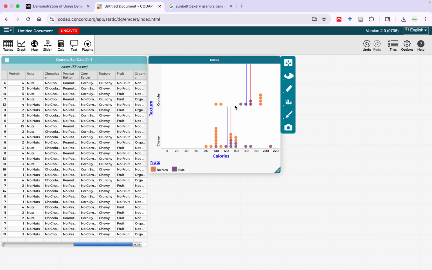This is skewed left. Most of it's centered around the median or the mean. We have two outliers, Special K, big surprise there, and Giant, which I don't know anything about.